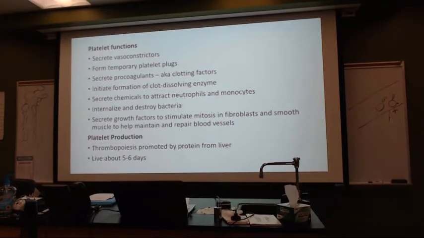Oxygen. So if oxygen was low, it secreted erythropoietin, which stimulated red blood cell production. Now for my platelets, I have to involve the liver. There's a reason why.